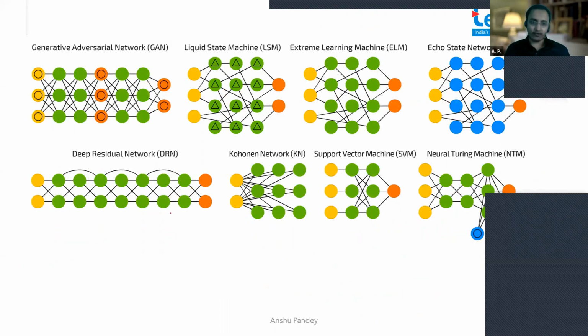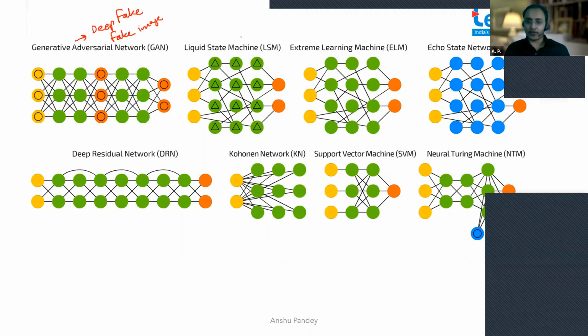We have generative adversarial networks today, very popular research happening in GAN, very widely used for deep fake, I would say, fake image generation, fake audio video generation. They are generators. Most of the neural networks and algorithms are discriminators, whereas these are generators.